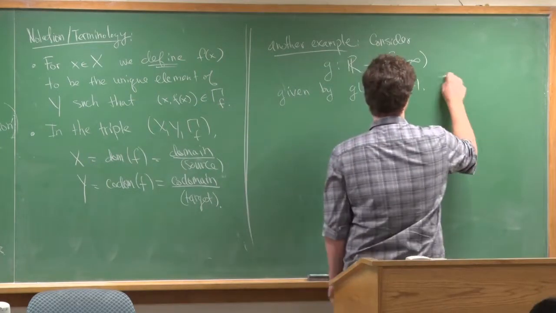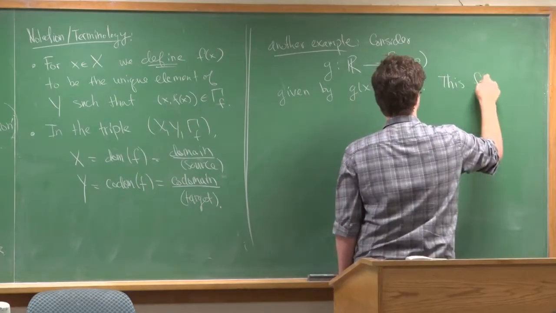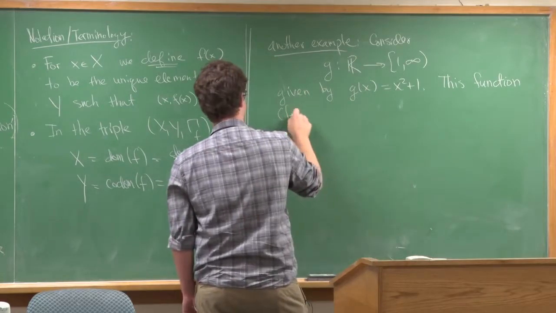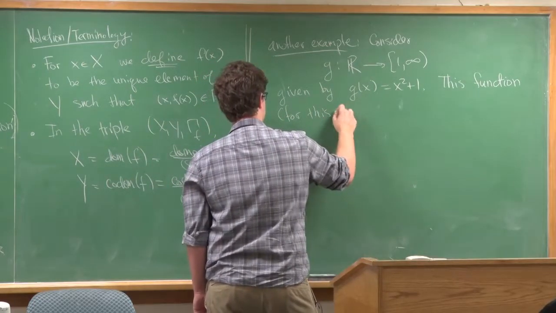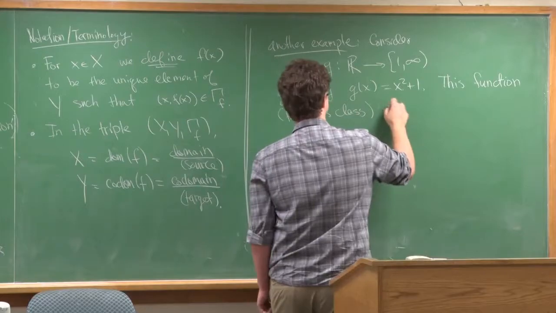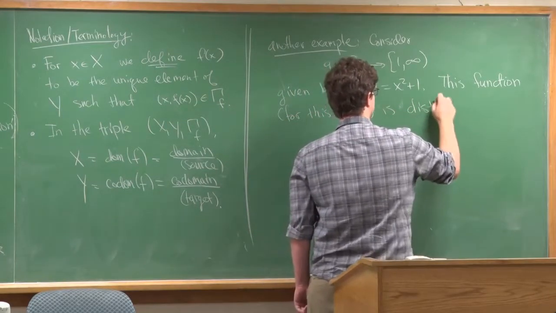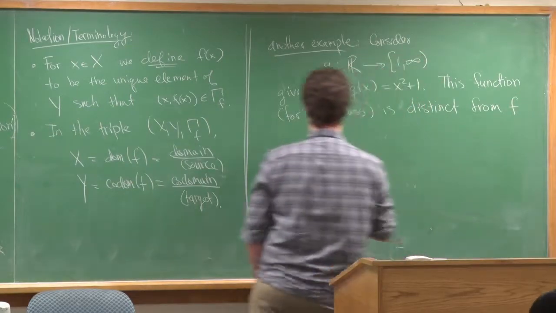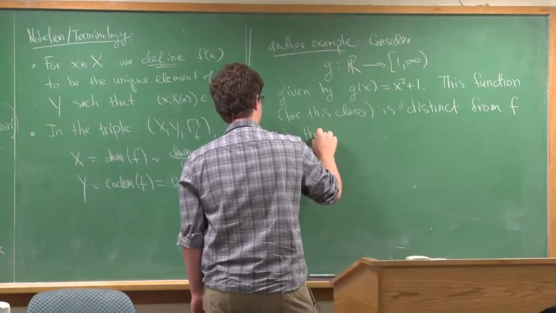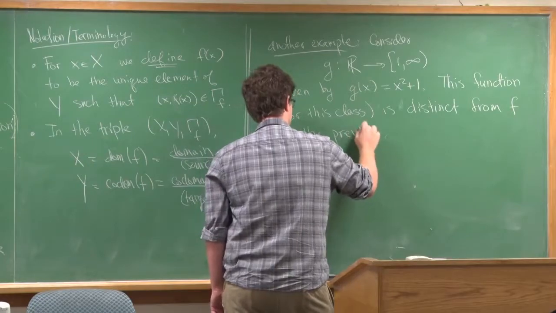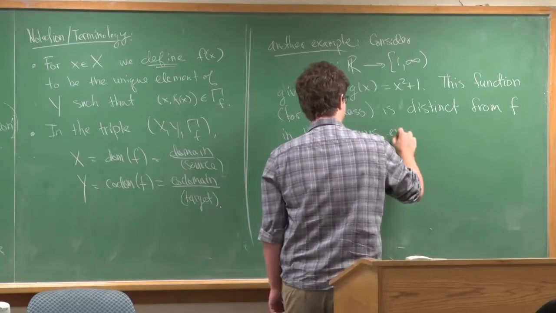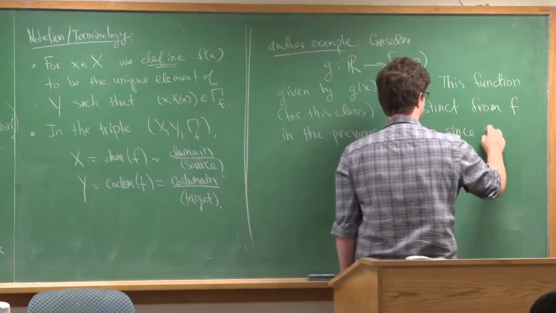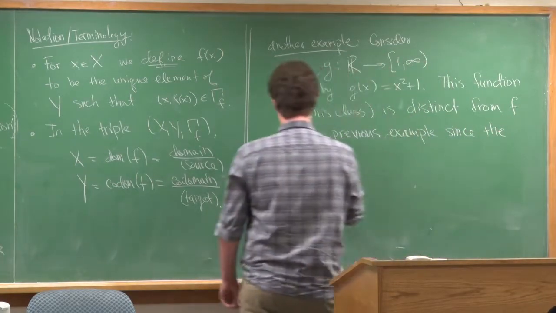So this function g is distinct from f in the previous example since the codomains are different.